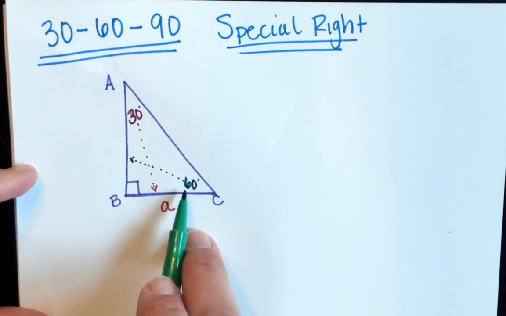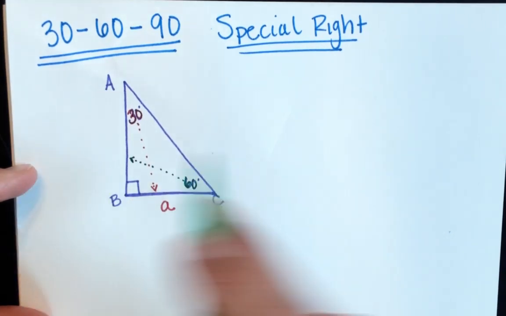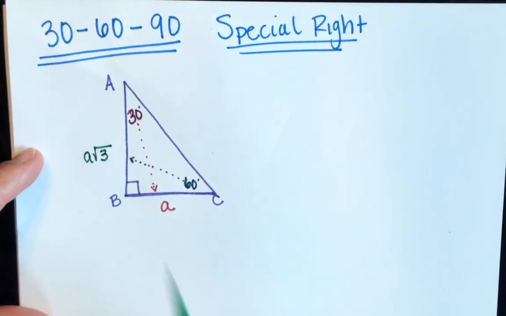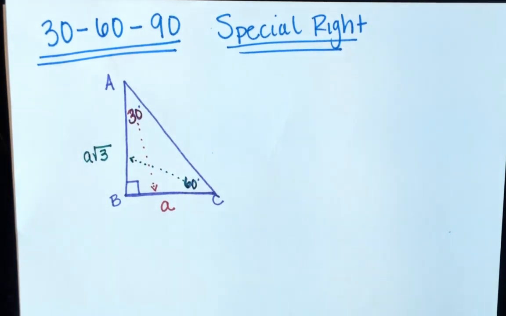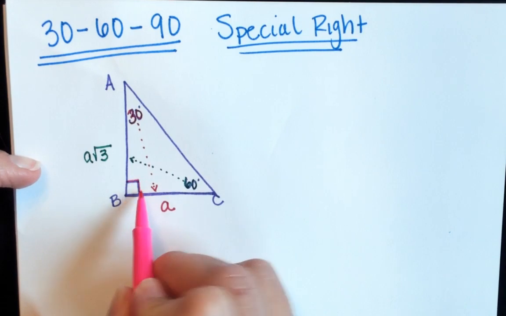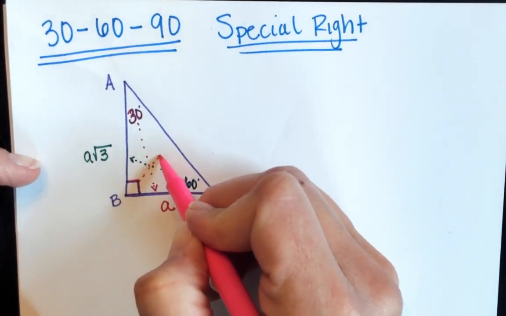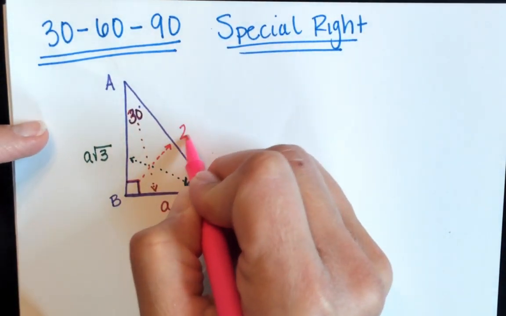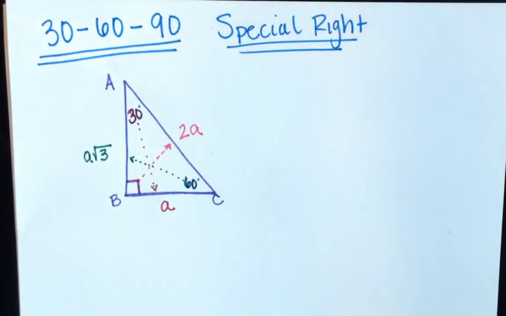Opposite the 60-degree angle is our longer leg, that is A radical 3. Our longest side, which is the hypotenuse, opposite that 90-degree angle is going to be 2A.